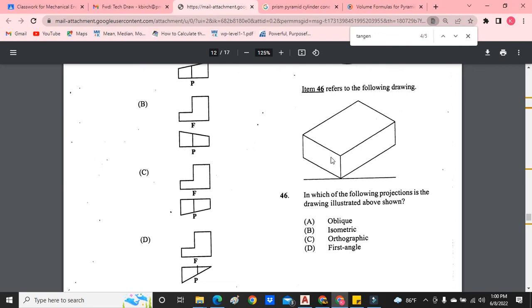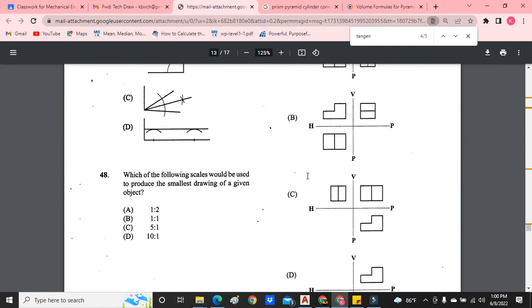This is a blend. Where's the orthographic in this? What type of drawing is this? A is incorrect. Remember, for A, it must have an orthographic or a flat face. That's isometric. That's correct.